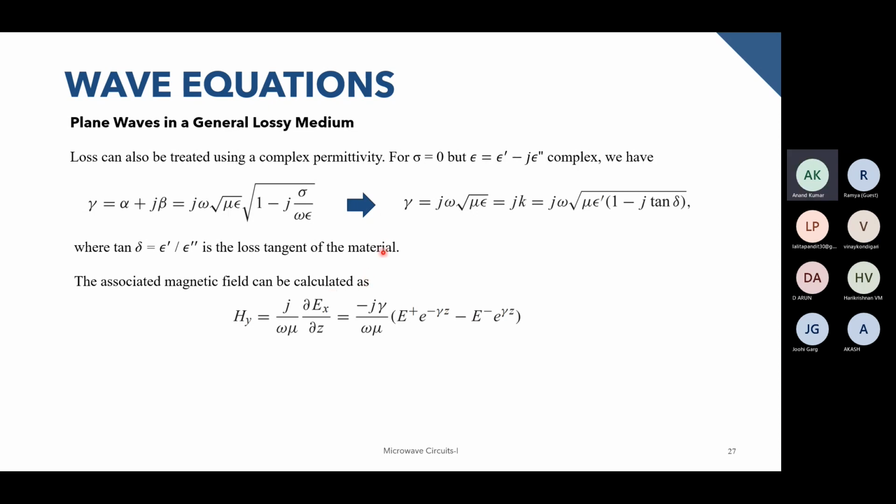Once we have got our electric field, having started with the Maxwell's equation and found the electric field on the previous slide, we can now calculate the magnetic field by using the second Maxwell's equation, which will be given something like this.